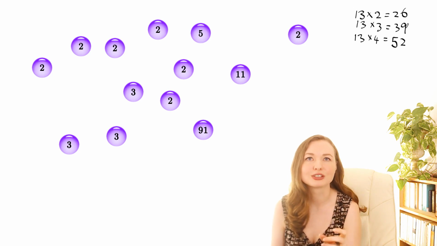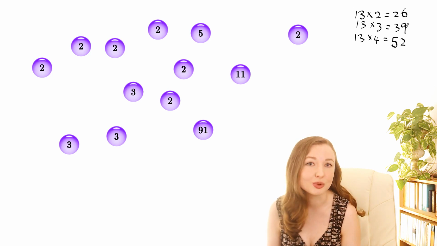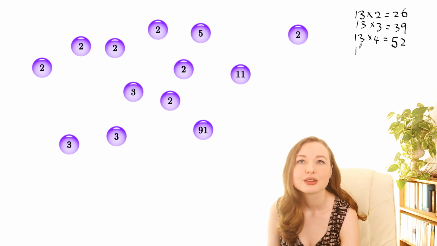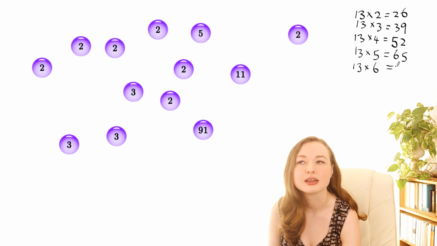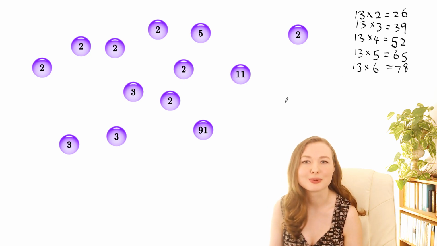And that's going to help us find the answer because there aren't that many different multiples of 13 that we'll need to try. So let's just write all these down. That makes 65. 13 times 6 is 78. So we could just sort of work through some of these and see what happens.